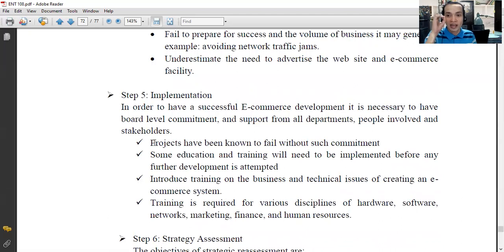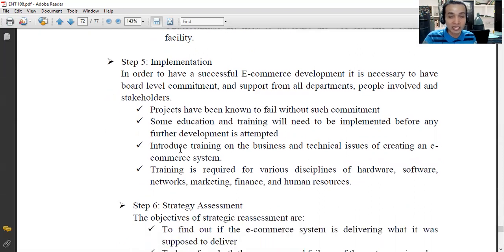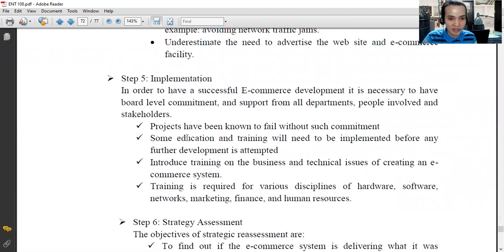And therefore, the project in charge should be committed in delivering the respective objectives in the implementation of the e-commerce strategy. And aside from the commitment, the person who will implement the e-commerce strategy should have technical capability. So there should be proper education and training before the implementation of e-commerce is pursued in the organization.